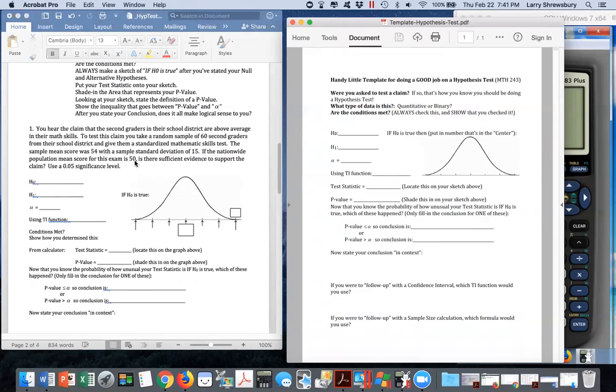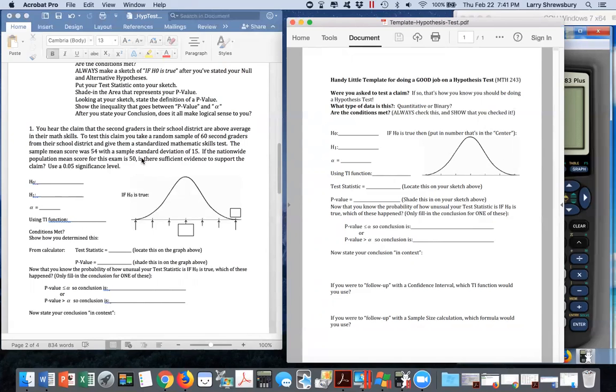Well, that's what the hypothesis test will figure out for you. Is this sufficient evidence to support the claim that the population mean for their school district is significantly higher than the 50, which is the population mean nationwide?